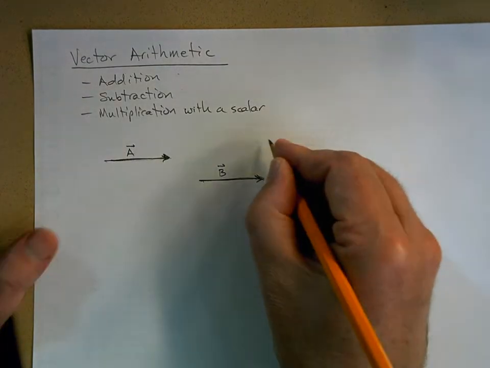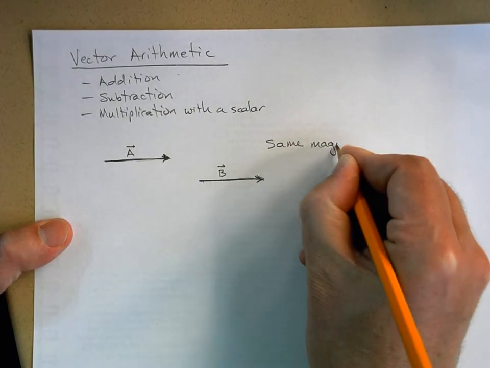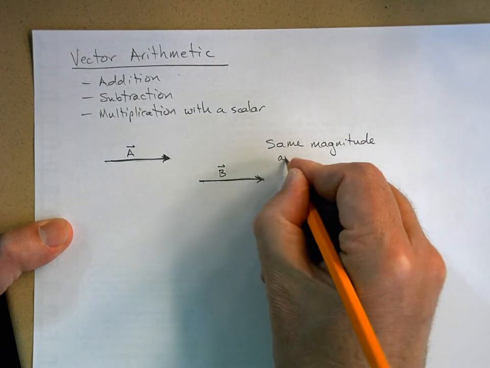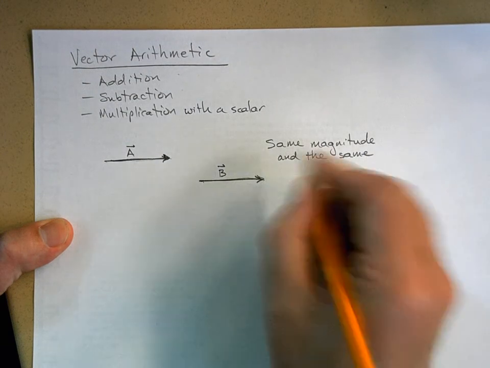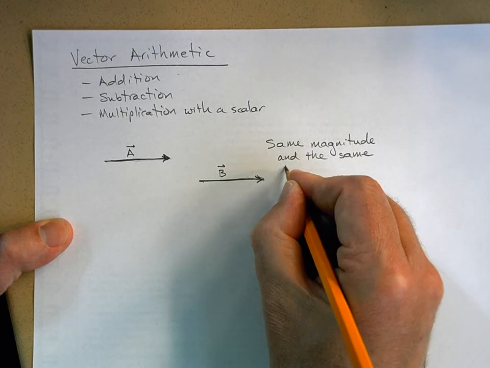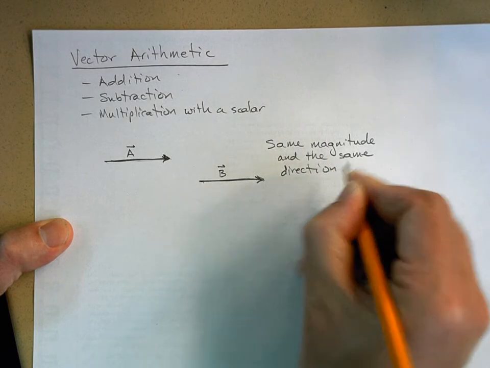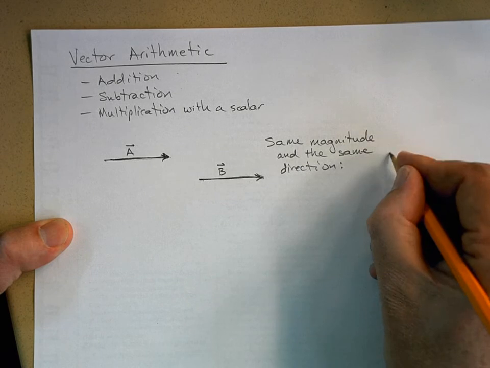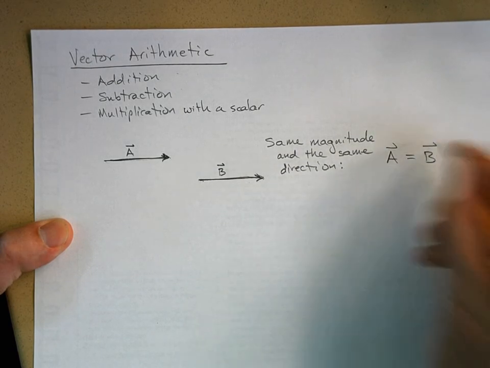If two vectors have the same magnitude and the same direction, well, then they are equal. We can say that vector A equals vector B.